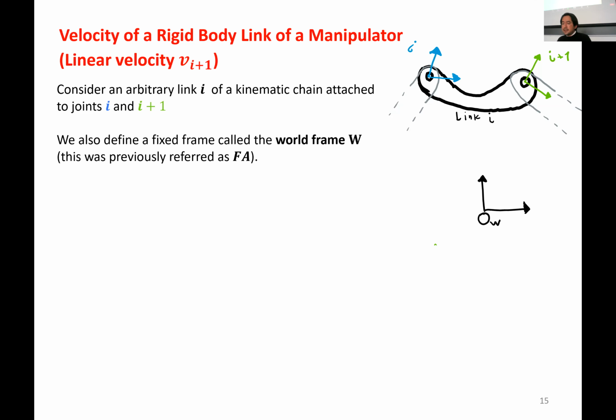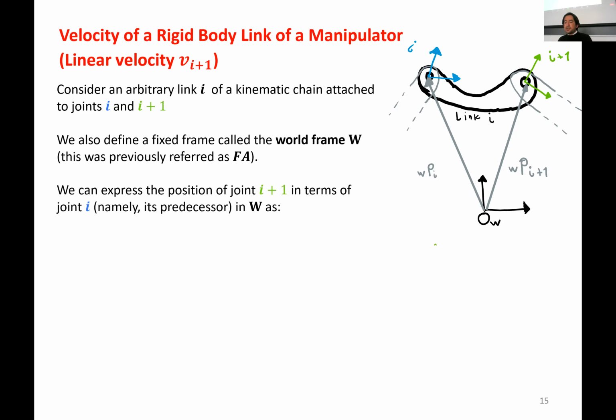We also define a world frame, which in the previous slides I referred to as frame A. The world frame is a fixed frame, also called an inertial frame because it's not subject to any acceleration. We can express the points connecting to the joint frames by these two vectors: the vector p expressed in the world pointing to I, and the vector p expressed in the world pointing to I+1.